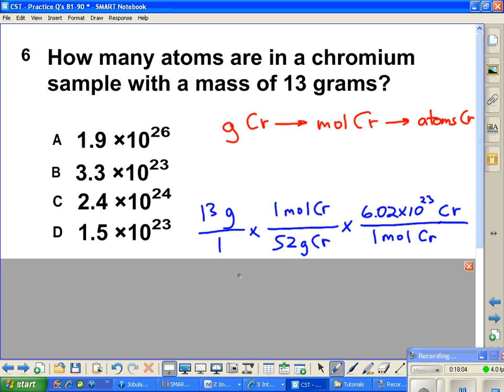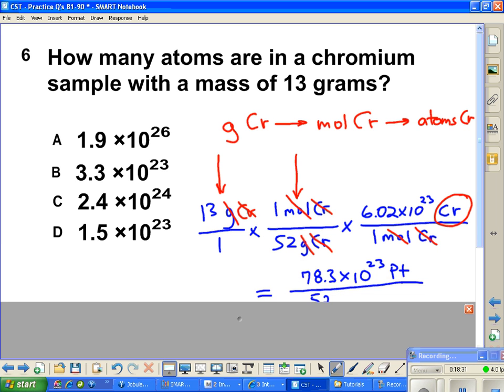Okay, here's the given right here. There's the molar mass right off the periodic table with grams on the bottom, so we can cancel grams of chromium top and bottom. Moles of chromium cancel moles of chromium, and what we have is atoms of chromium on the top. And now we're ready to finish off the calculation.